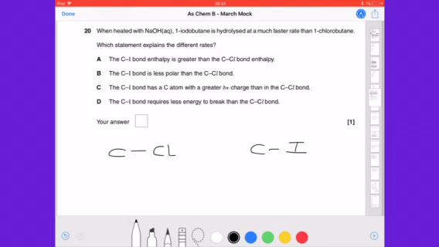That means the bond is longer, and the longer a bond is, the weaker the bond is, and therefore the lower the bond enthalpy will be. And so C-I is the weakest bond, and therefore C-I requires less energy to break than the C-Cl bond.